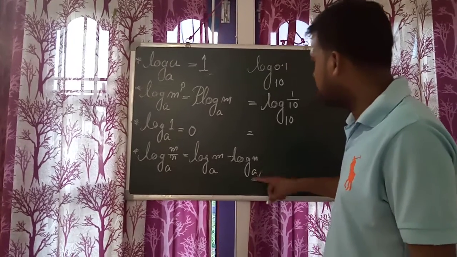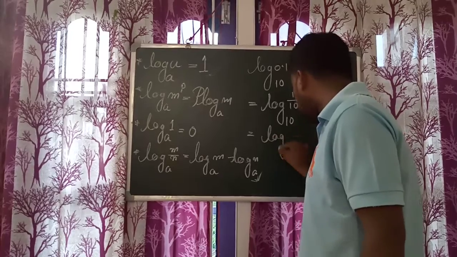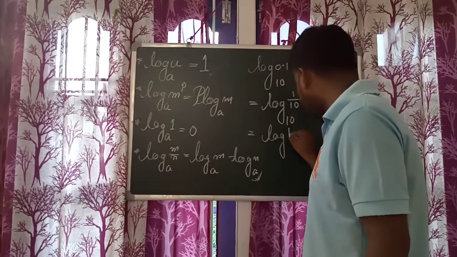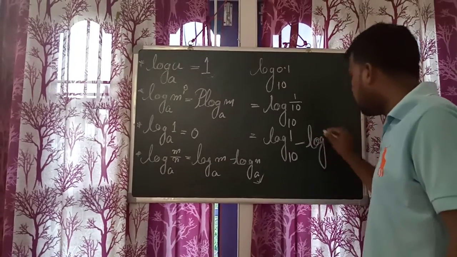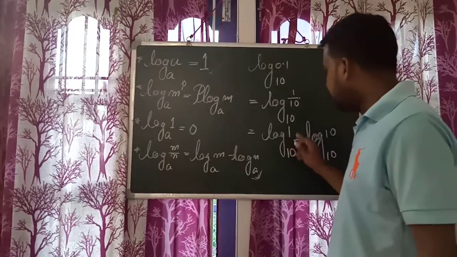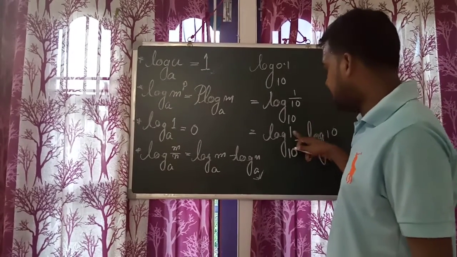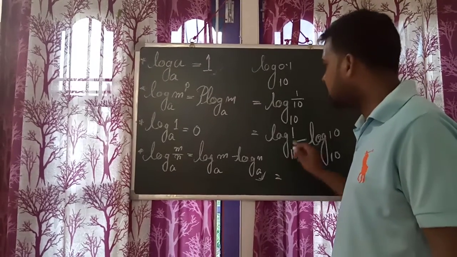Now here you have to use this formula. Log of the numerator 1 base 10 minus log 10 base 10. Log 1 base 10 is equal to how much?